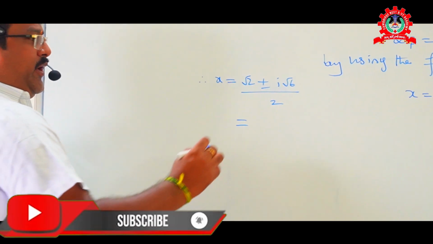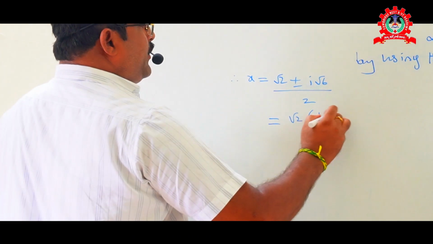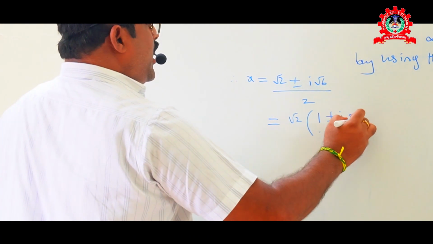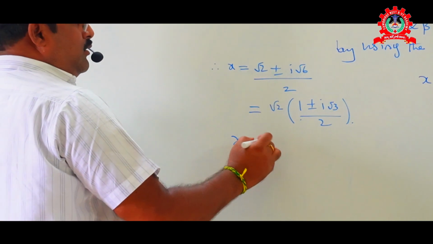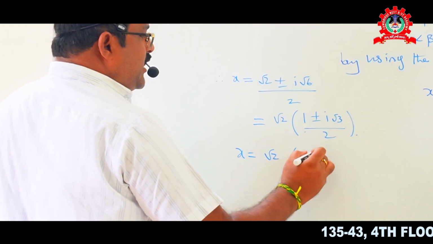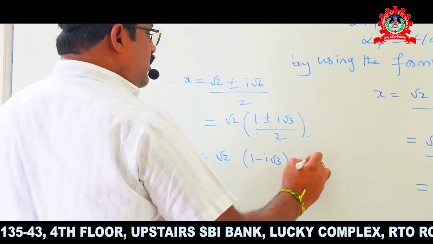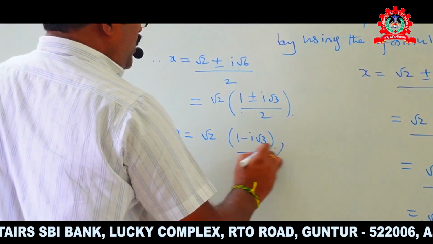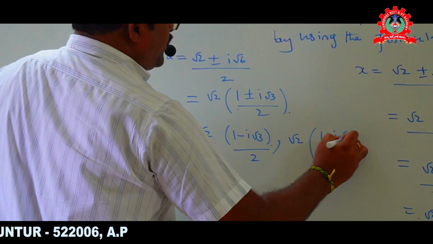Take the common root 2: root 2 into 1 plus or minus i root 3 by 2. X values are root 2 into 1 minus i root 3 by 2, and root 2 into 1 plus i root 3 by 2.